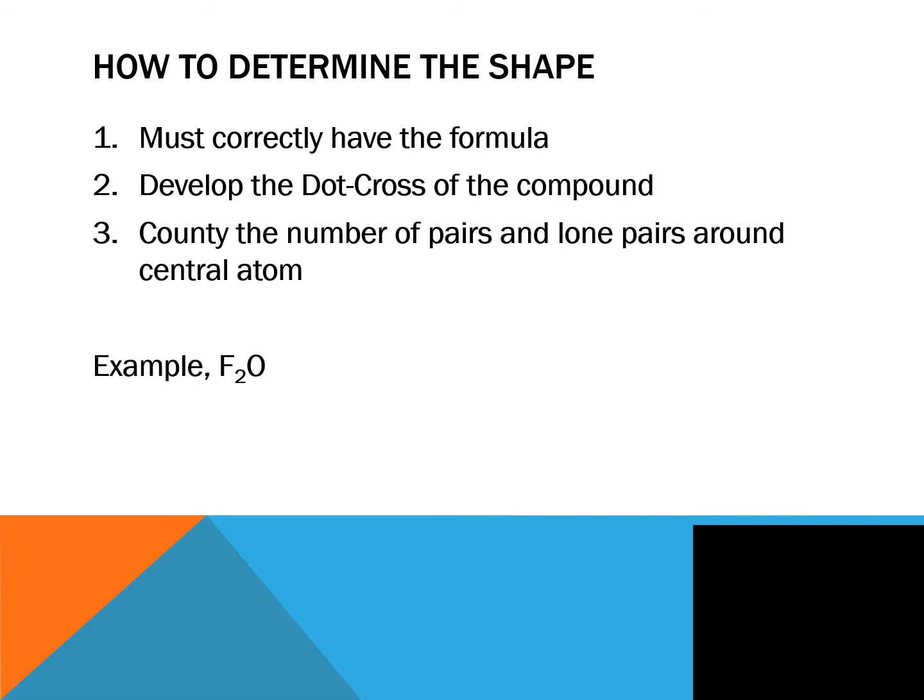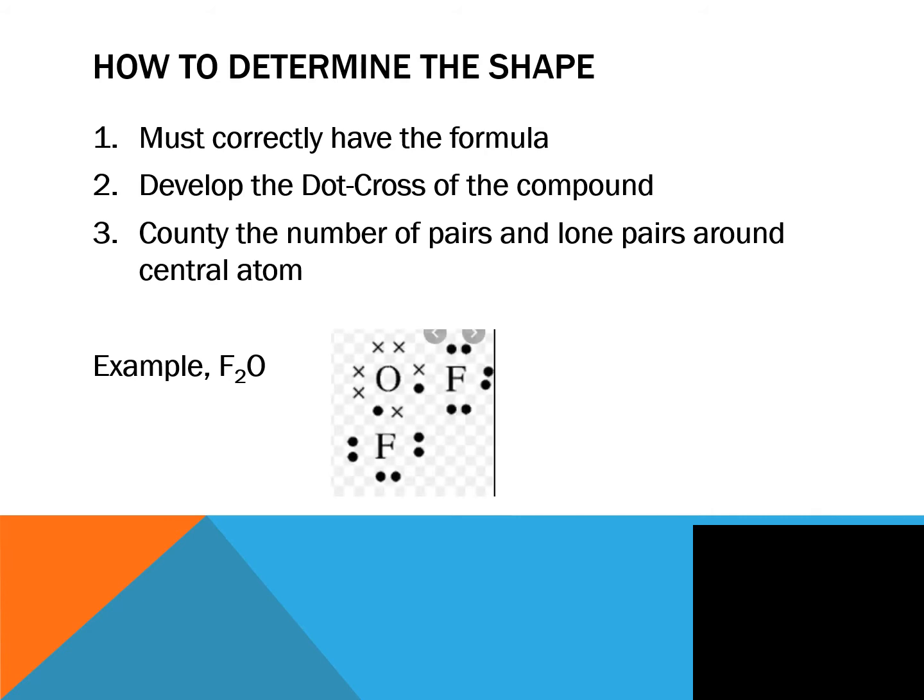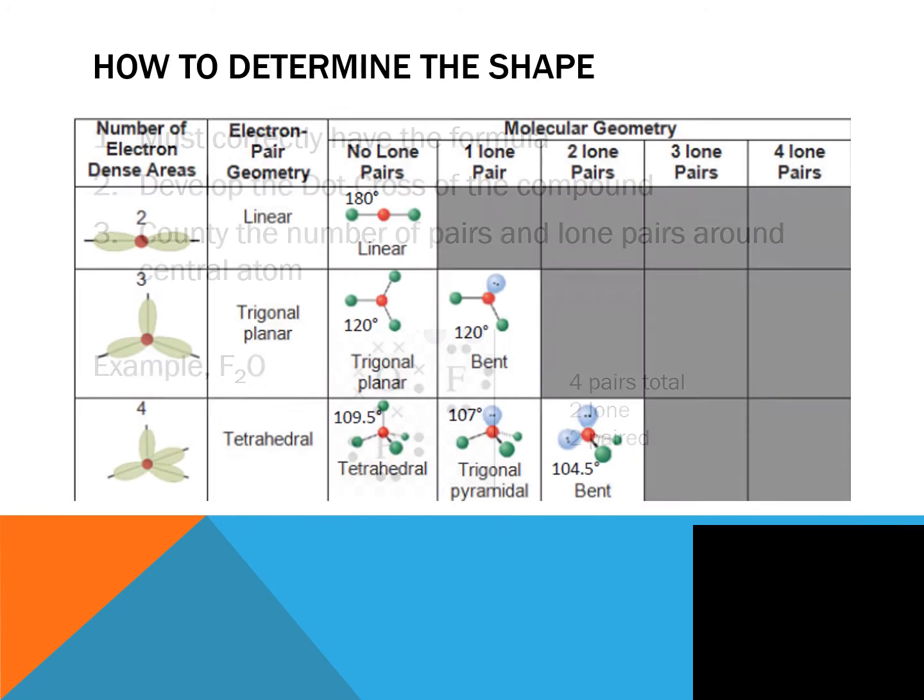So for example, F2O, oxygen is the central atom. It has a bond with fluorine, sharing a covalent bond here and a covalent bond here. It has 4 total pairs. You have 1 pair, 2 pair, 3 pair, 4 pair around oxygen, 2 lone, and 2 paired. Okay, so the 2 pairs are with fluorine, the 2 lones are obviously alone with oxygen.